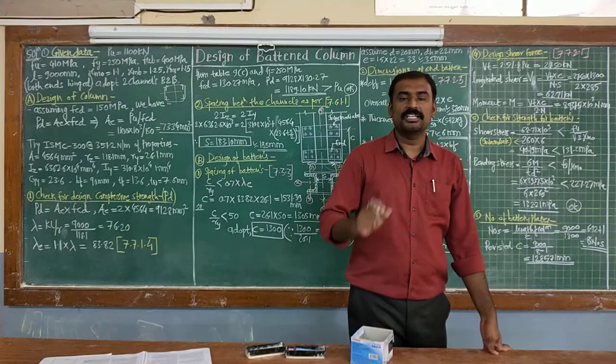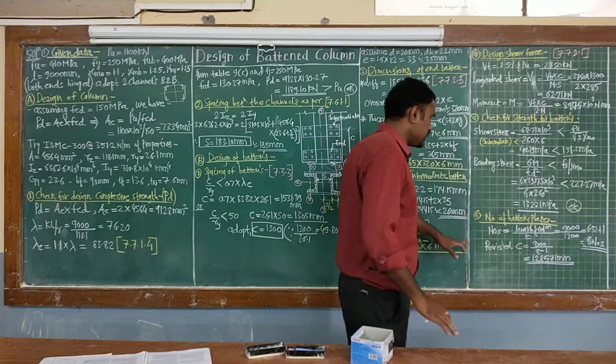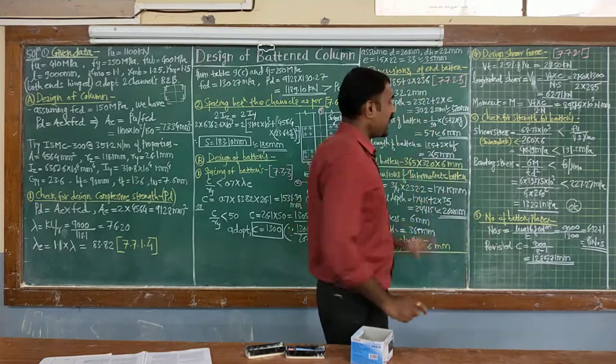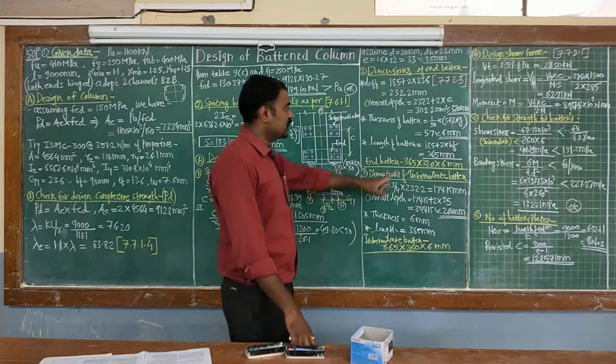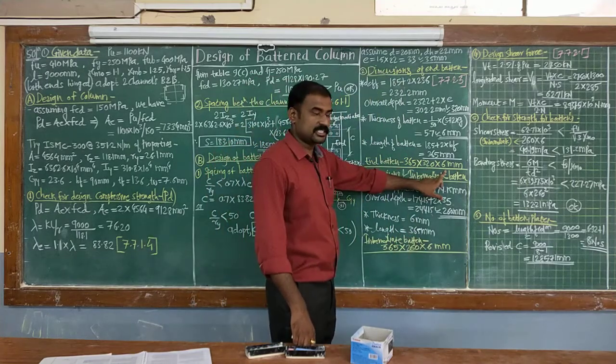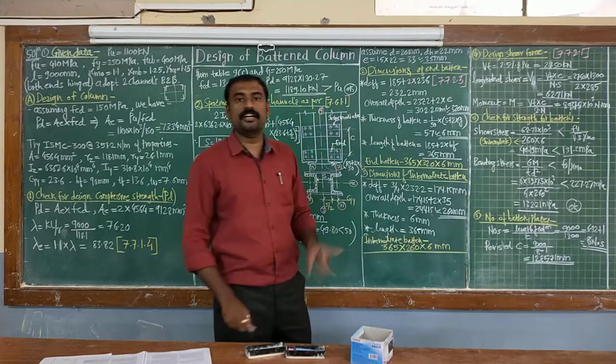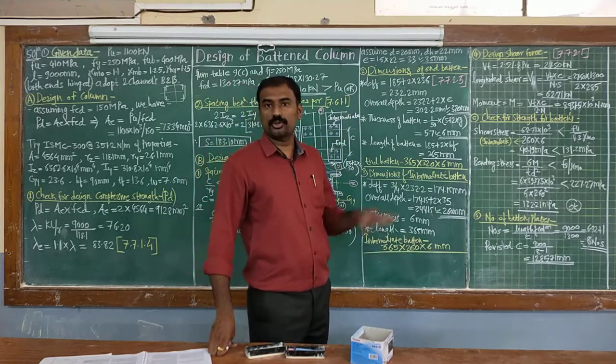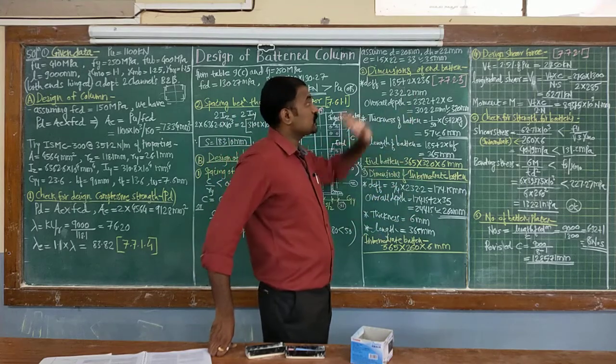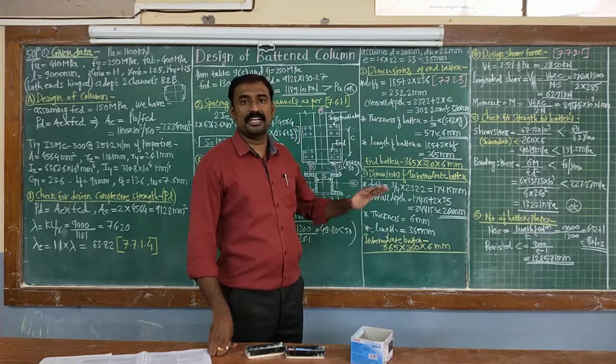So the summary: revised spacing is 1285, the batten sizes are 365 by 320 by 6 for end battens, and 365 by 260 into 6 for intermediate, connected with M20 bolts, with pitch distance and edge distance of 35. So here the numerical is completed.